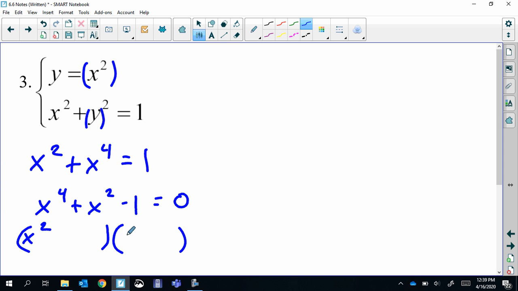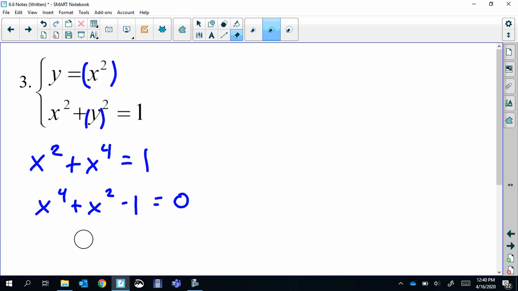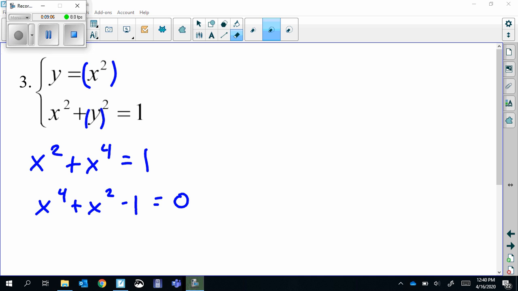So this factors to be x squared and x squared. Multiply to be negative 1, add to be positive 1. That actually won't work, so this is not factorable. So let's actually use our calculator here.